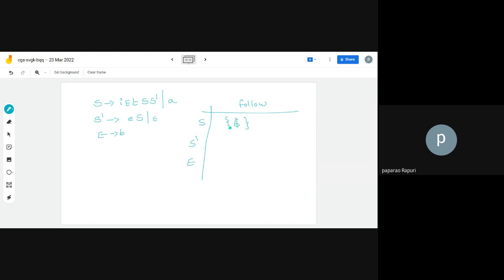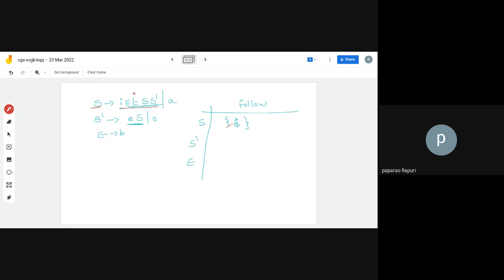After that, here there is S, and here also there is S on the right hand side of the production. For these cases, we will try to find the follow of S. For this, we have added dollar because that is the start symbol. So from this, what can we add?